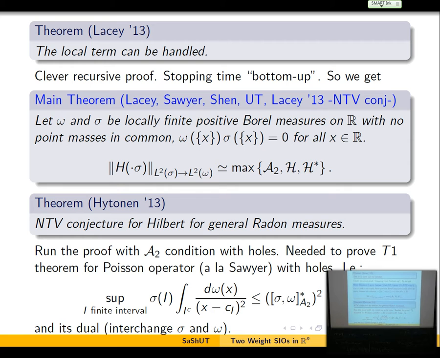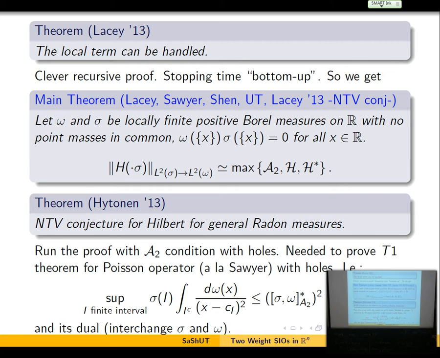So the way he did it, if you think of A2, it prevents the point masses in common from occurring, because you have sigma on an interval and omega on the same interval. So if you have a point mass, you blow up. Well, so he just considered the A2 condition with holes. For example, you integrate sigma on a certain interval I, and for omega you do the Poisson tail, but outside I. And this is one of the A2, and there's the corresponding dual.